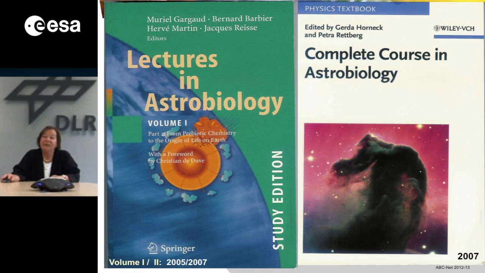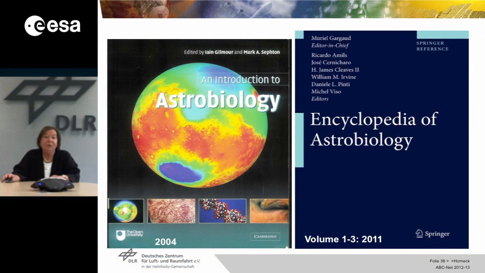The lectures of the first course of ABCNet are published here. And then a very good introduction into astrobiology is this book from Cambridge University Press, edited by Ernst Gilmore and Mark Sephton, which is really a very good book for beginners.